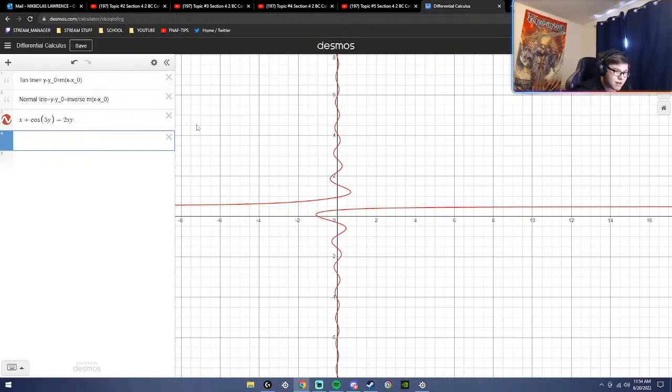Technically, for better notation, I think I can do 5 dy/dx plus cosine of 5y minus sine of 5y is equal to 2xy.